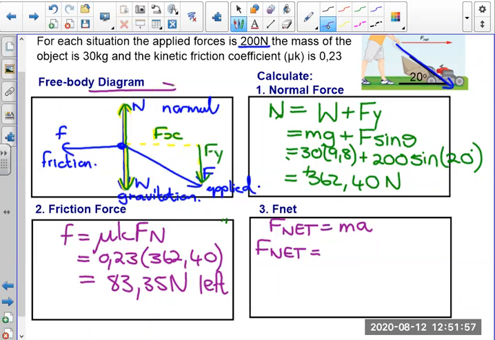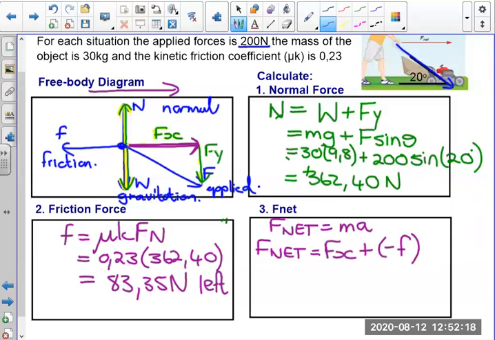The object is moving in that direction. So the front force is not going to be the applied force as you see it there. The front force must be the x component of the applied force. So for this one, we're going to say Fx minus friction.